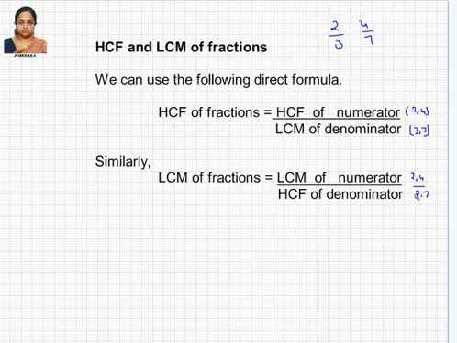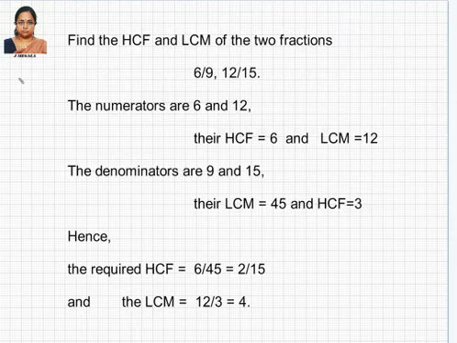We'll see one example here. Find the HCF and LCM of the two fractions 6 by 9 and 12 by 15. The numerators here are 6 and 12. I'm taking these two and finding their HCF and LCM. HCF of 6 and 12 is 6, and LCM is 12.